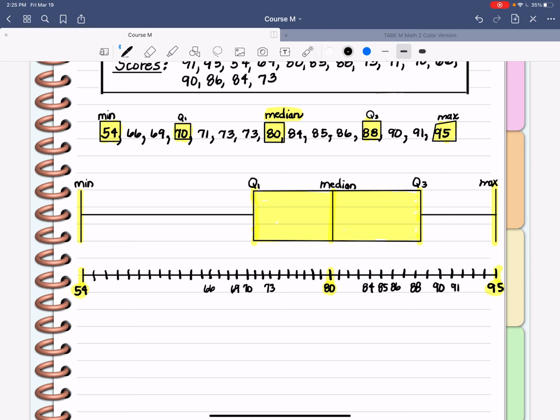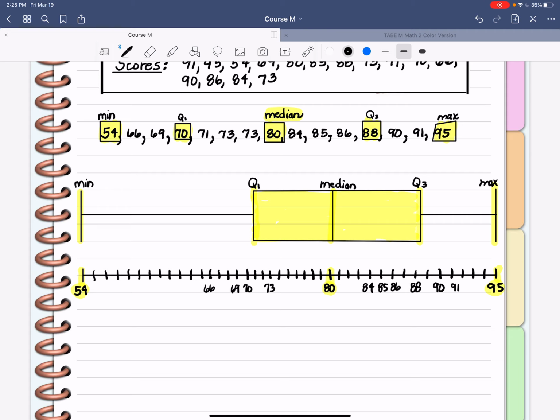I'm also looking at most of my students scored between 70 and 88. While I think that's probably average, it's probably the normal, it's not something that I as a teacher would want to see. I want the box to be much more toward the higher end.